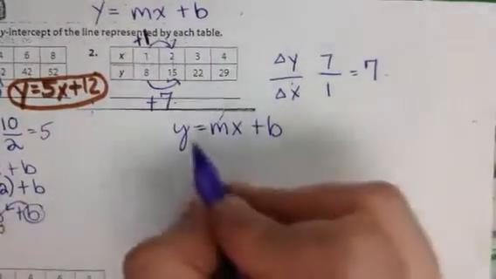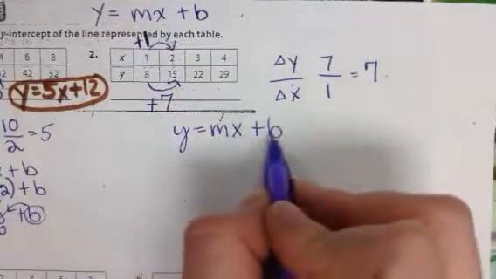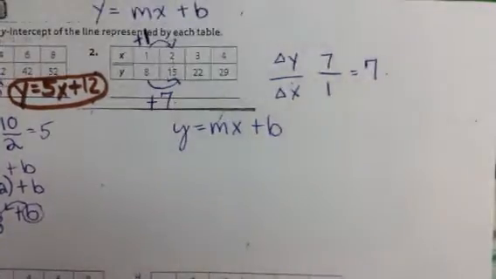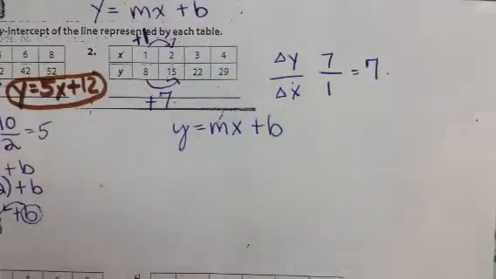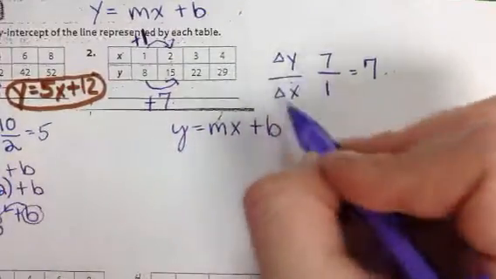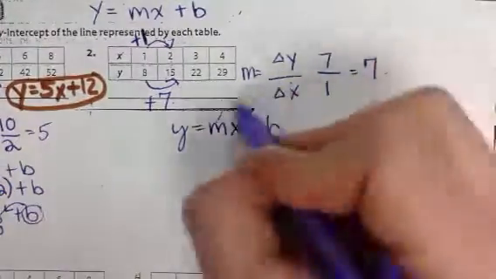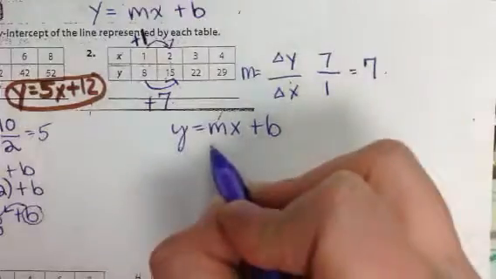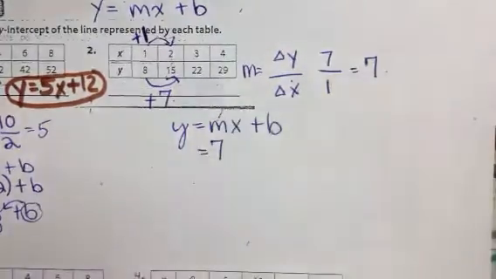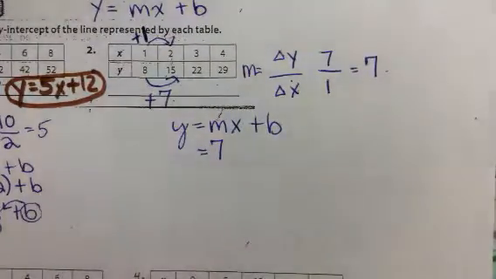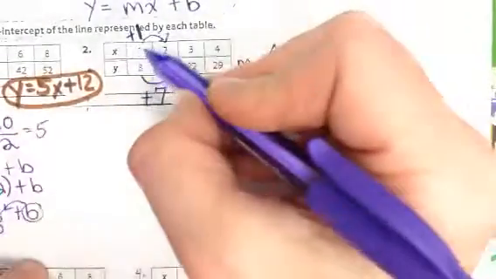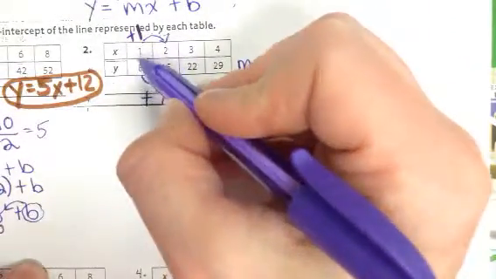I write out the non-proportional relationship, y equals mx plus b. We just got the slope, or the m, was a 7. So I'm going to fill that in right under the m. I can go to my table to get an x and a y value.